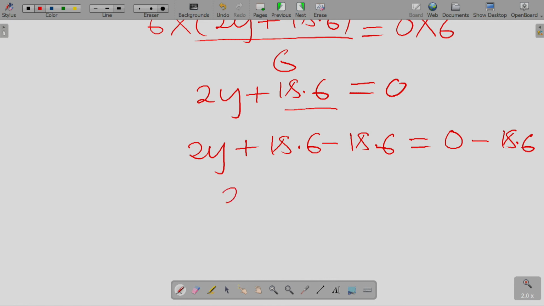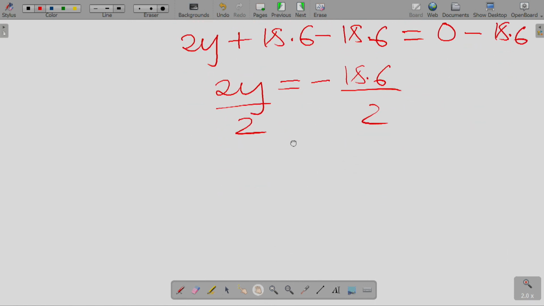We'll get 2y, because 18.6 minus 18.6 equal to 0, so only 2y remains, which is equal to minus 18.6. Now let's divide both sides by 2.